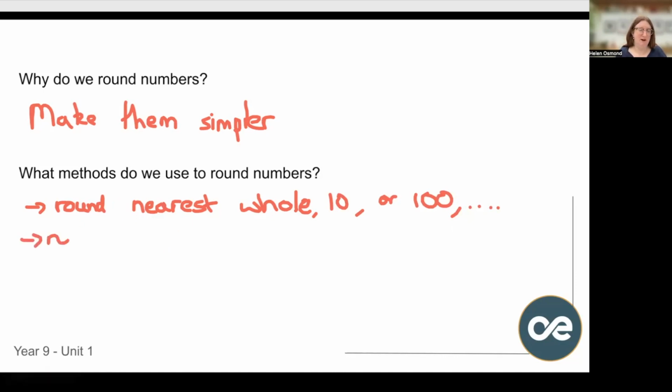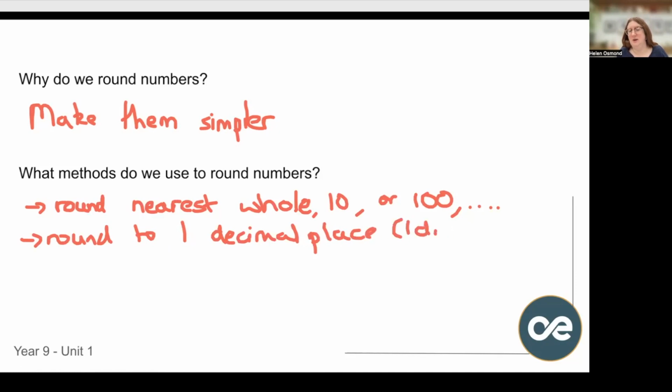We might be asked to round to a decimal place. You might be asked to round to 1 decimal place. Now, you might see this shortened to 1DP, rather than having to write decimal place out all the time. That's what that means if you see it, but that's what we're talking about. 1 decimal place. We might be asked to do 2 decimal places.